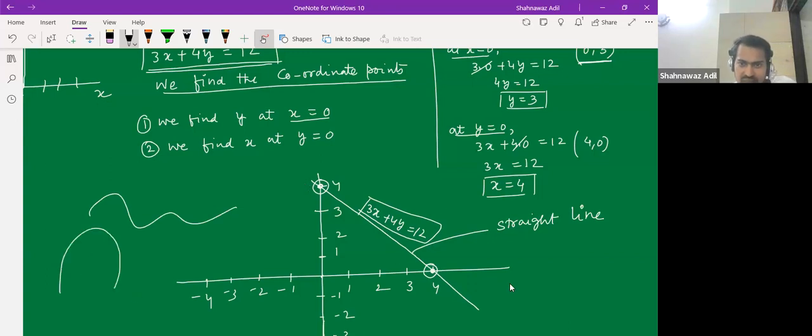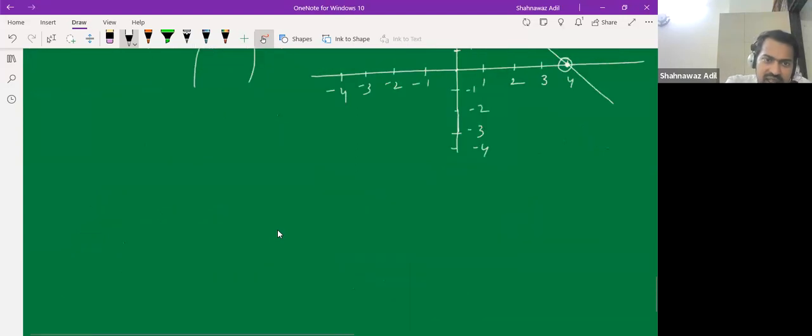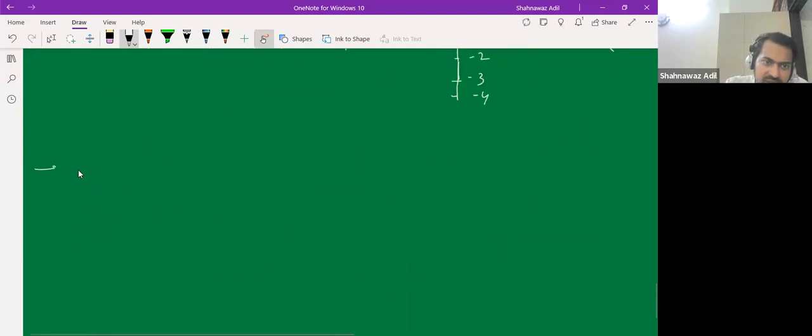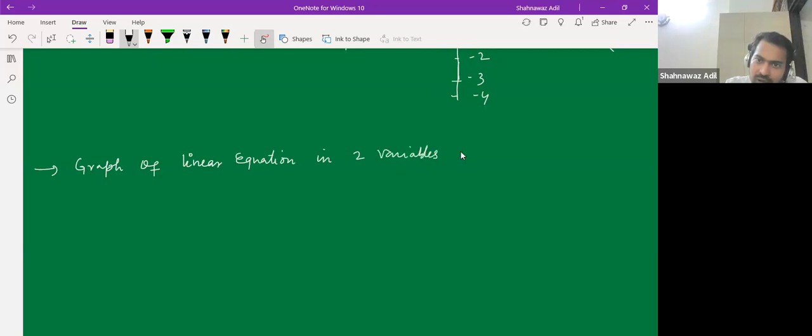It is a simple straight line. From this we can say that the graph of a linear equation in two variables will be a straight line.